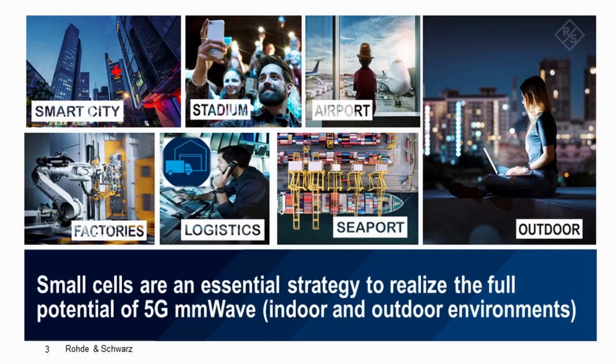Private networks are networks custom built according to the customer needs. And here the small cells and the macro cells have to complement each other to provide a service according to the different customer use cases. Some of the use cases are smart cities, healthcare, oil and gas, stadiums, airports, smart factories, logistics, seaports.